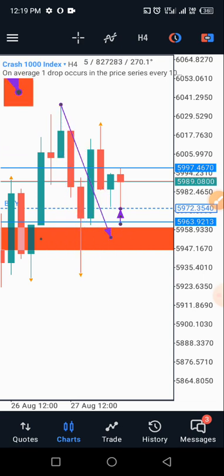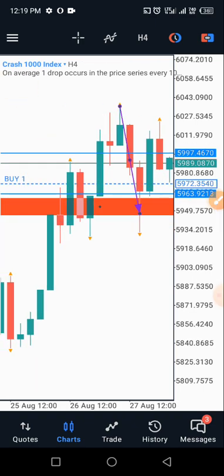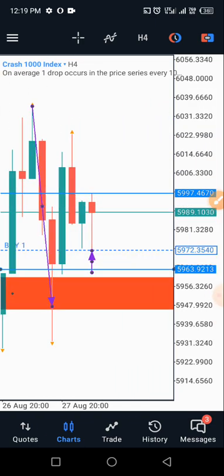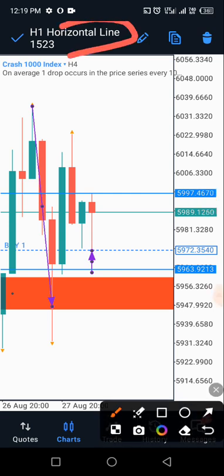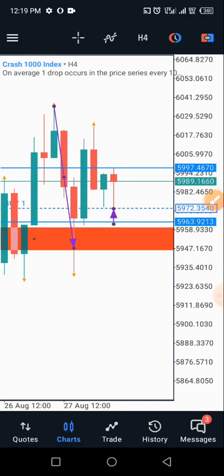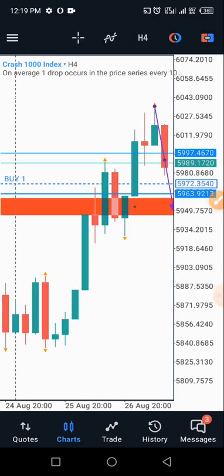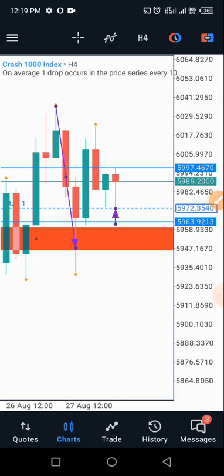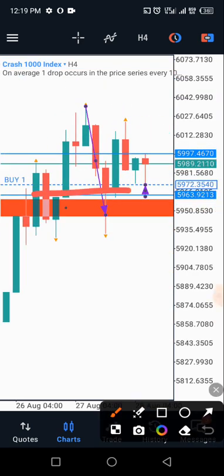this zone. Then if you notice, we are able to draw this particular tool, our horizontal line. Remember, the name of the tool is called a horizontal line. This horizontal line just gives us an idea of where price is playing through, and you can see that price is playing through these lines somewhere around here.